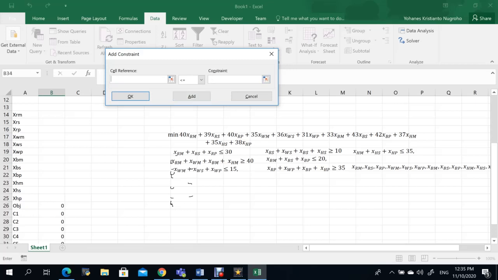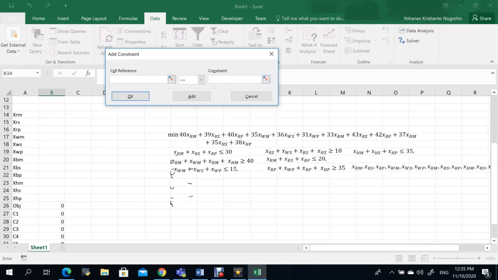Then we have the next constraint, XPM, the third constraint, should be less than or equal to 20. Okay, and then the next constraint is HM, that is constraint number 4, should be less than or equal to 35.